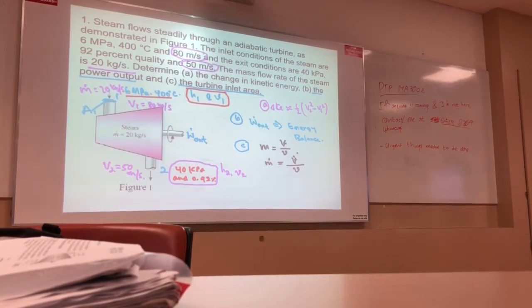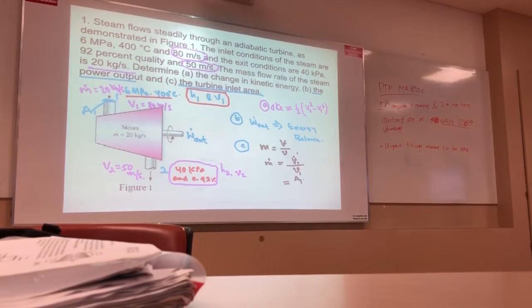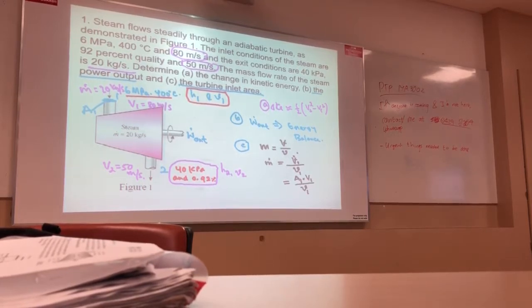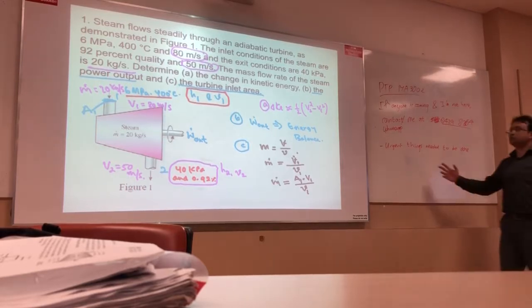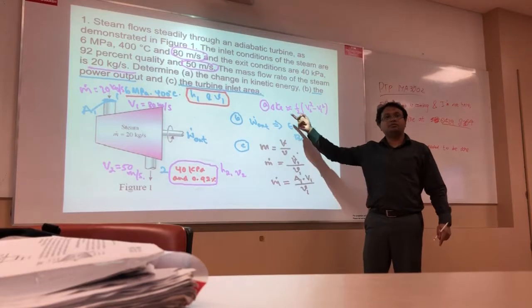So specific volume at inlet and total volumetric flow rate at inlet. What is the total volumetric flow rate? Area times velocity, divided by specific volume at state 1. This is the mass flow rate. Correct? This is the basic equation. I can write from here, very simple.